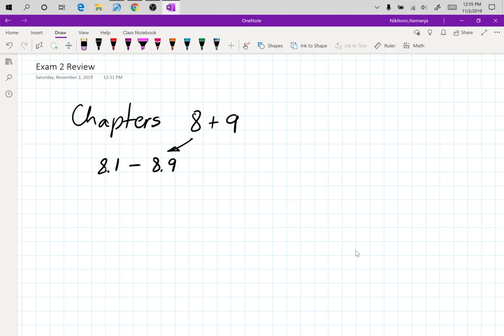No 8.7. And then for chapter 9, we only have 9.1 and 9.3. So for 8.7, you're going to stick to the integrations that we can actually solve without having prior knowledge of one of the 6 pages.